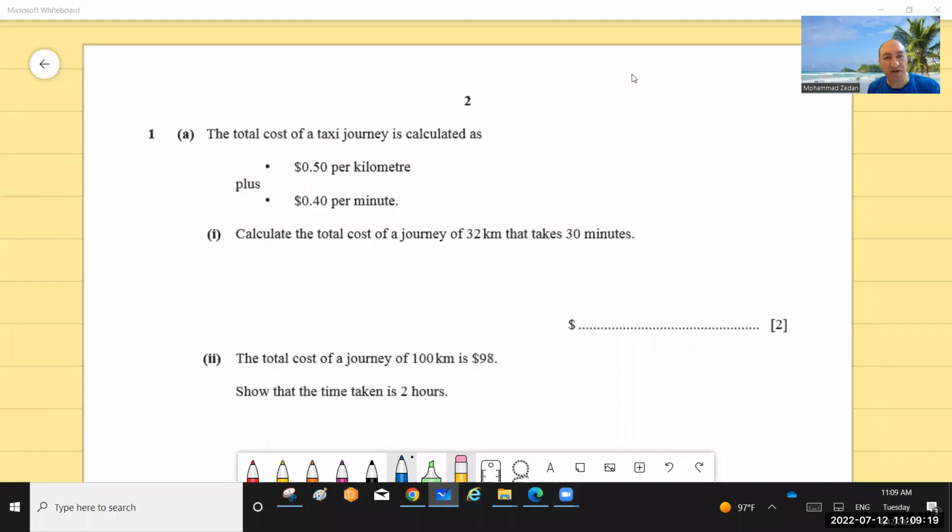Question number 1. The total cost of a taxi journey is calculated as $0.5 per kilometer plus $0.4 per minute. Calculate the total cost of a journey of 32 kilometers that takes 30 minutes.